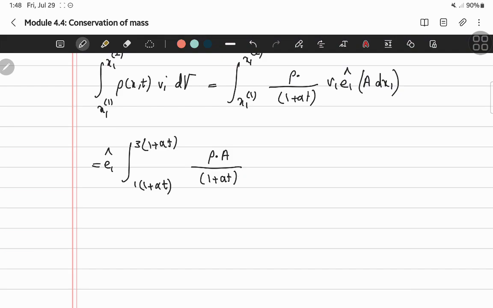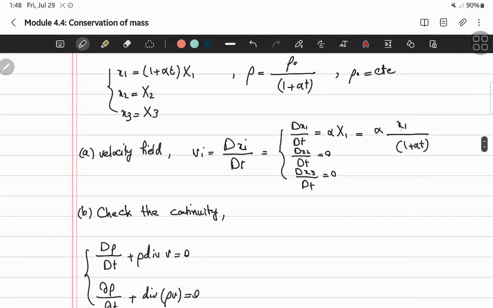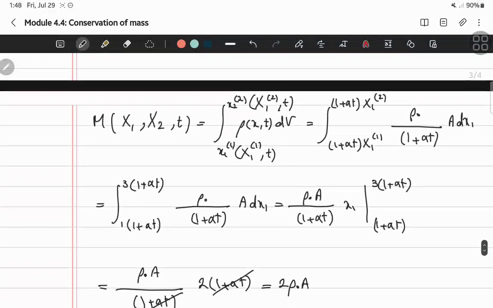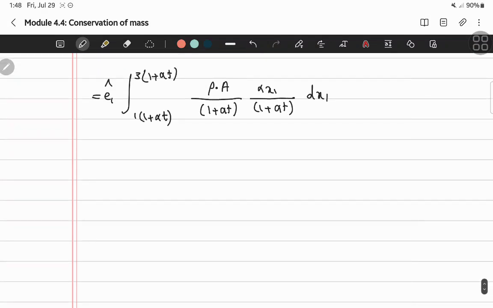Then I'm going to have v1, and instead of v1, I'm going to write here alpha x1 divided by 1 plus alpha t, dx1. So this is e1, the integral from 1 plus alpha t to 3 times 1 plus alpha t, rho 0 A alpha divided by 1 plus alpha t, x1 dx1.